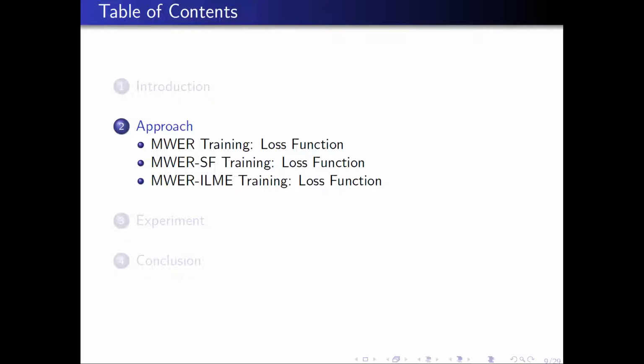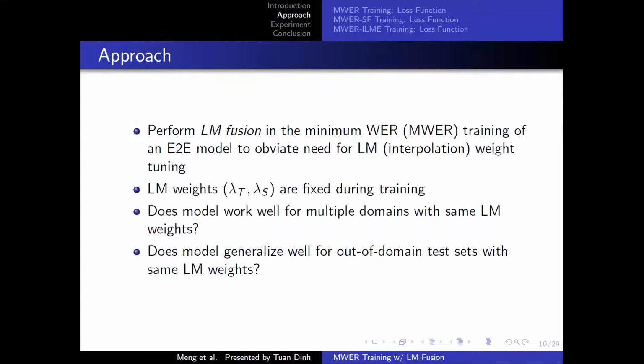And lastly, we present how ILM fusion is introduced into the MWER training. Basically, during minimum word error rate training, the language model fusion is performed to obtain n-best hypotheses and their scores. Note that the interpolation weights lambdas are fixed and predefined during training.